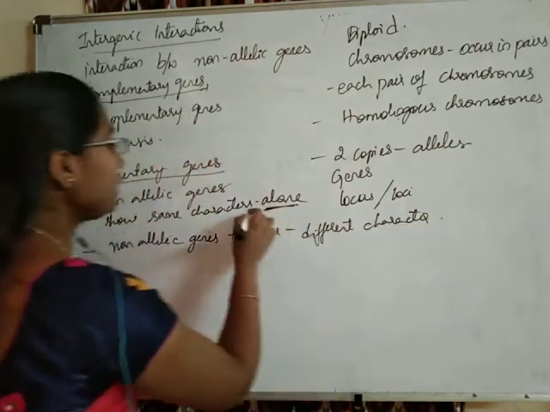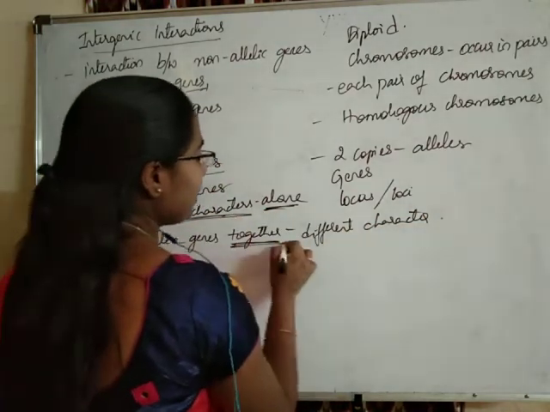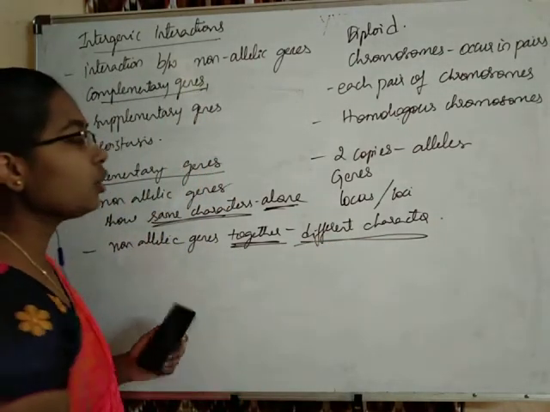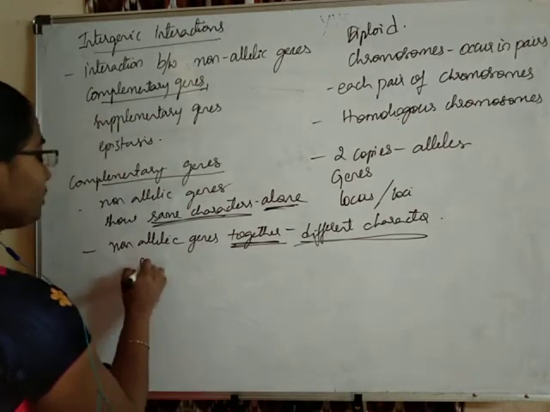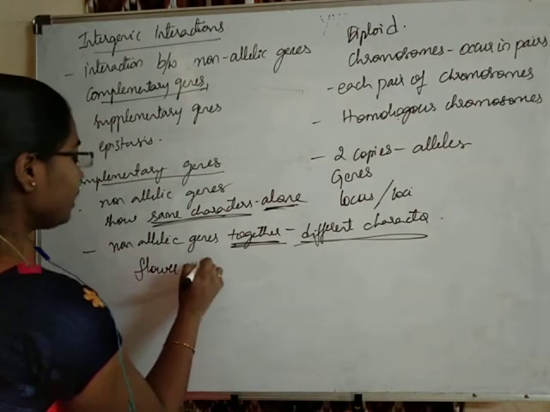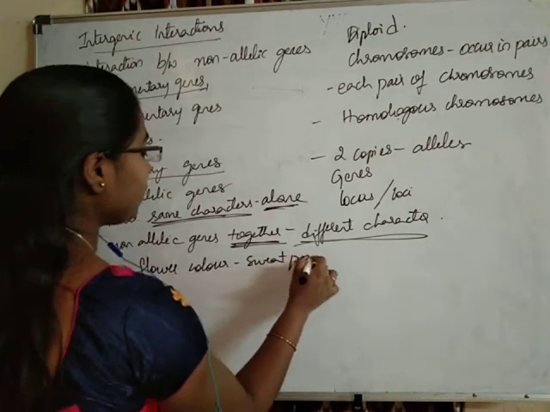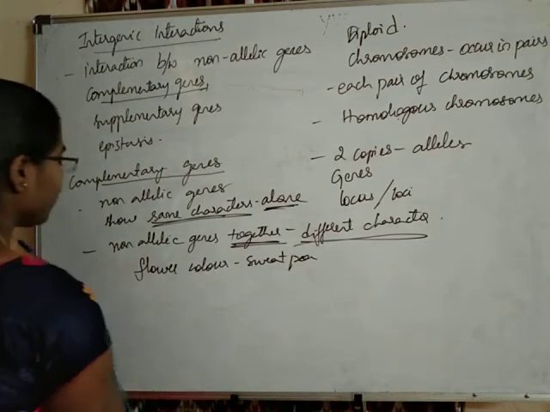They show the same character when they are alone, but when these non-allelic genes are together, they show a different character. So, let us learn it with an example. We are going to take into consideration the flower color in the sweet pea plant.